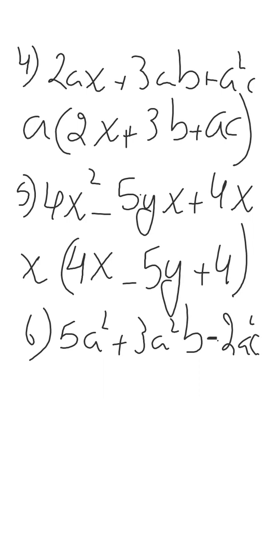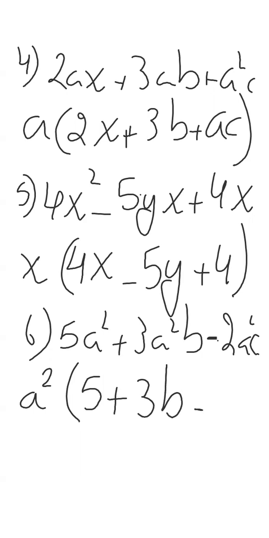So here we have what? a squared, a squared, a squared in the 3 terms, so we can take a squared up in a bracket, so 5 plus 3b minus 2c. Everything is clear? Yes. Okay, very good.